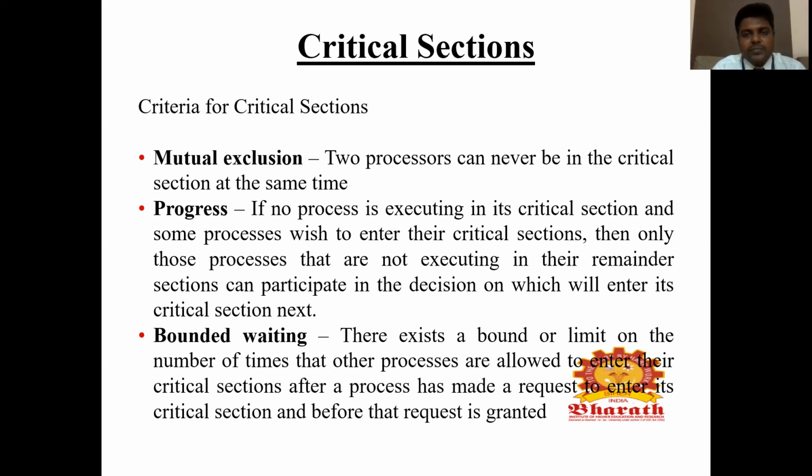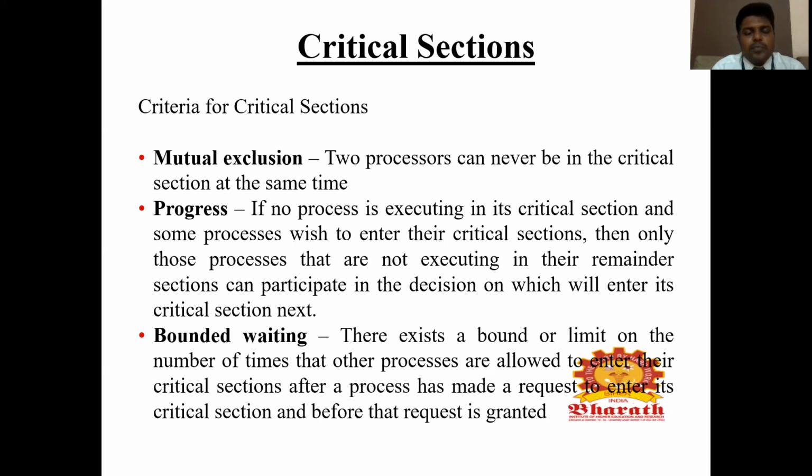Mutual exclusion: two processes can never be in the critical section at the same time. So only one at a time. No two processes can be in the critical section at the same time. The major criterion of the critical section is mutual exclusion.